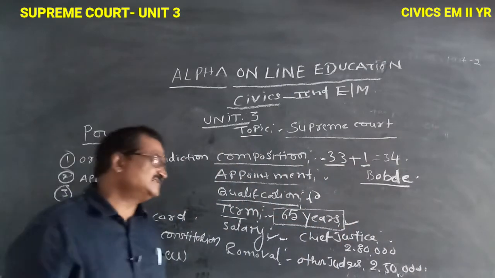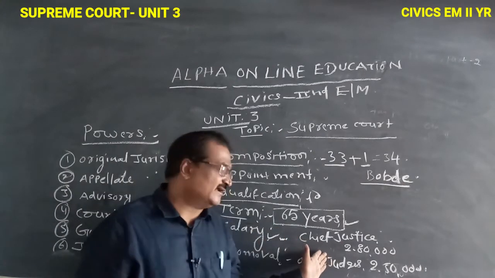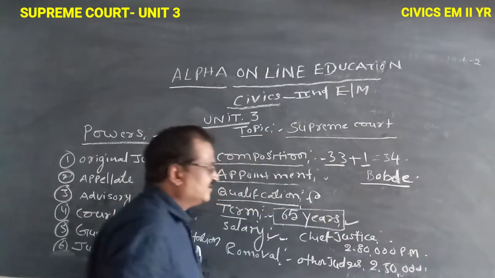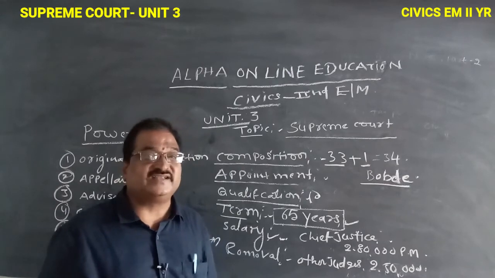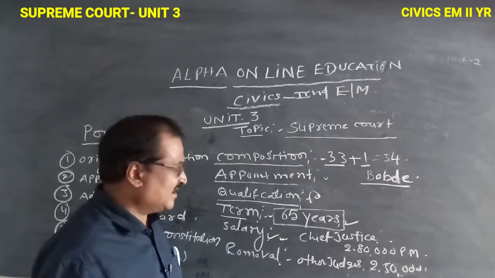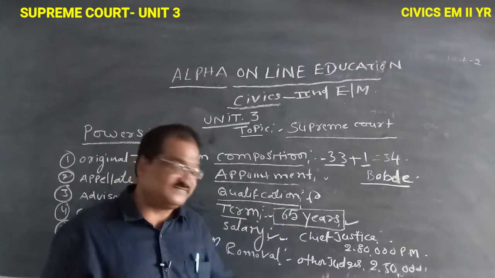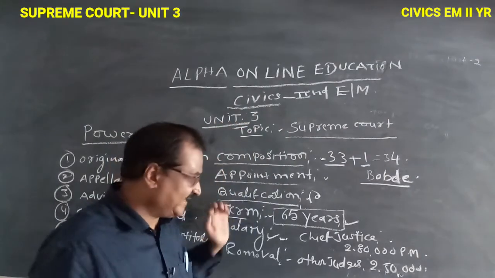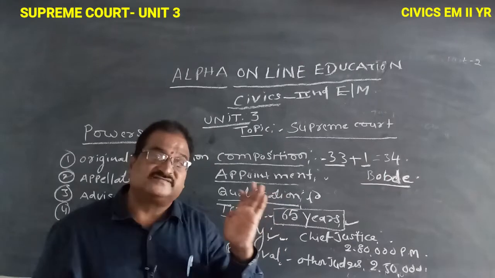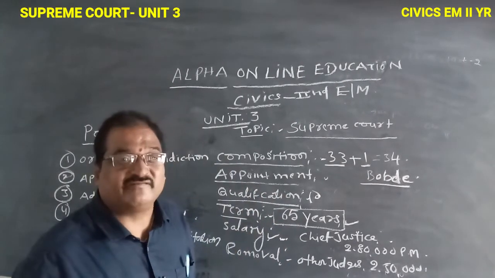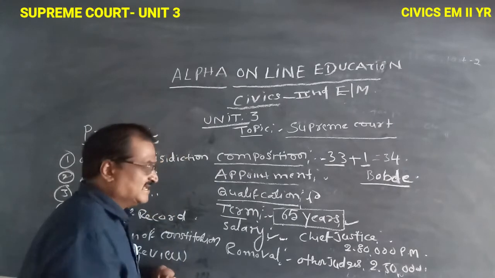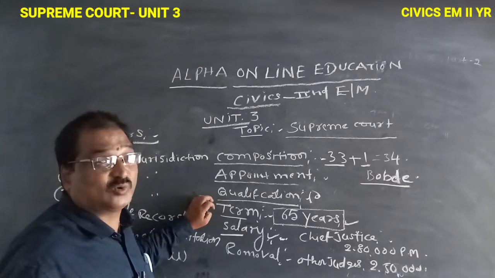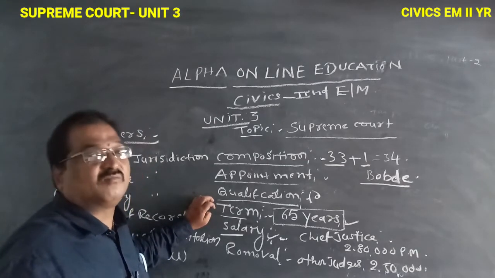So the Chief Justice's salary is 2.8 lakh per month and other judges' salary is 2.5 lakh per month. Increasing or decreasing the salaries is totally in the hands of the Indian Parliament.